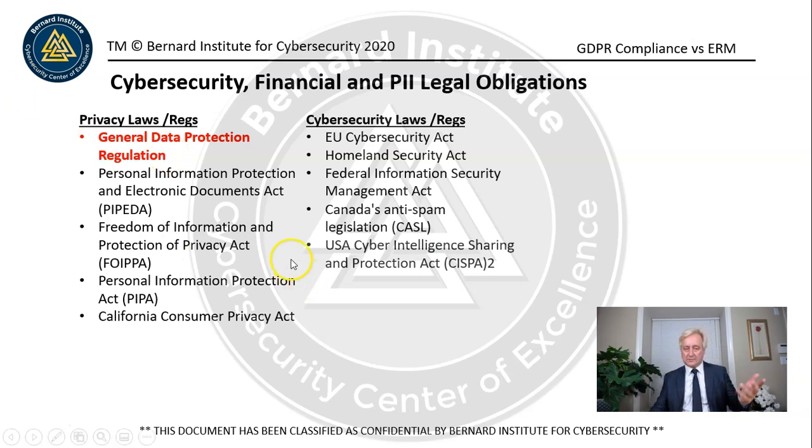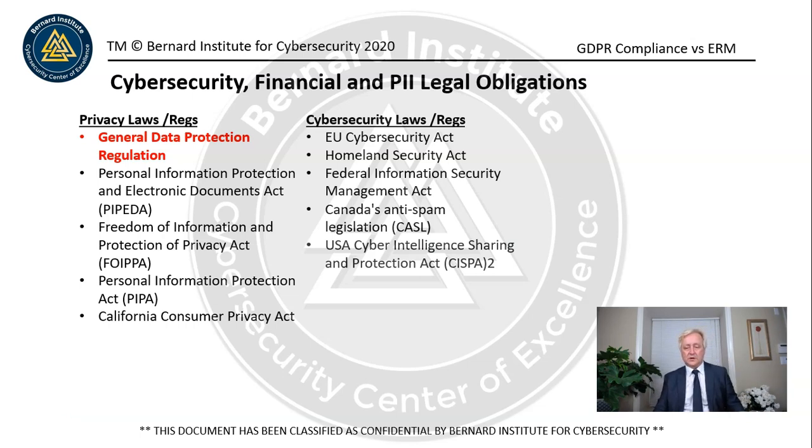So for instance, cybersecurity laws. We have the EU Cybersecurity Act. We have the Homeland Security Act. The Federal Information Security Management Act, which is big, which is what gives NIST their authorization to build the 800-53 and the 800-171 and the NIST cybersecurity framework.